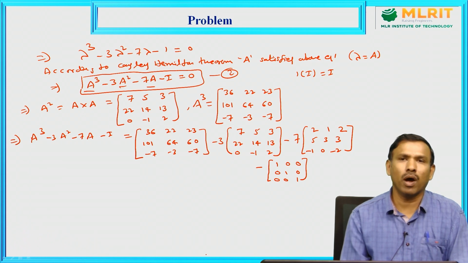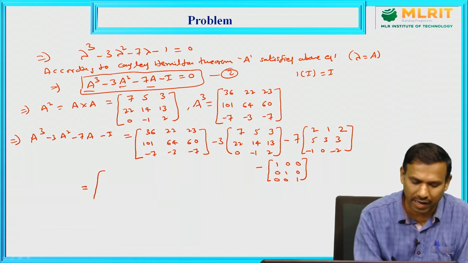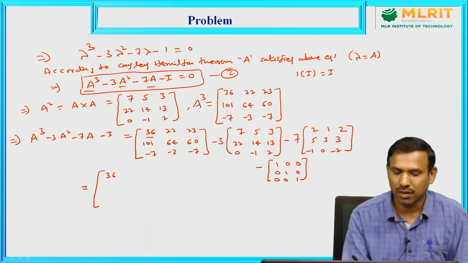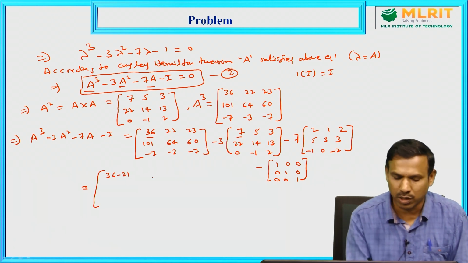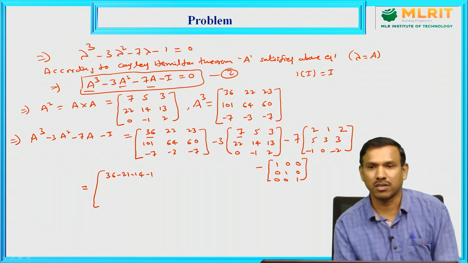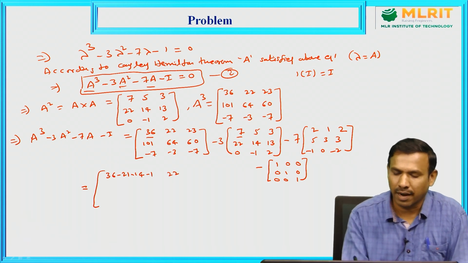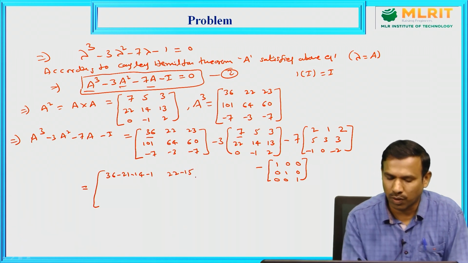To add all these elements, we need to add the corresponding elements. So I will add and show you one corresponding element. First element 36, right? Second element minus 3 into 7, minus 21, minus 7 into 2, minus 14, minus 1. This is the first element. Next second element 22, right? Next minus 3 into 5, minus 15, minus 7 into 1, minus 7.